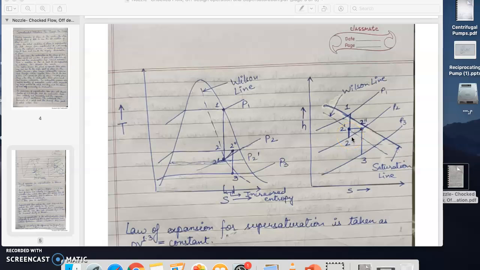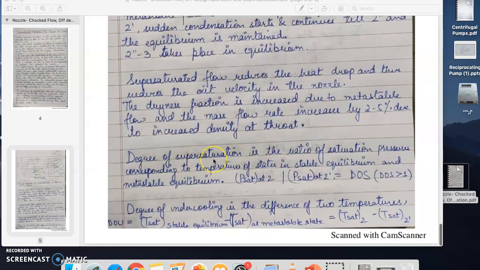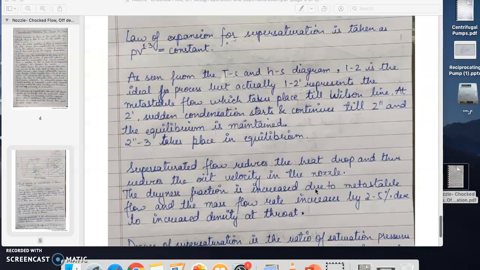So the saturation pressure at this point divided by the saturation pressure at this point gives the degree of supersaturation, and this is always greater than 1. Then the degree of undercooling is the difference of the saturation temperatures at the stable equilibrium and at the metastable state. So it is T saturation at point 2 minus T saturation at point 2 dash.